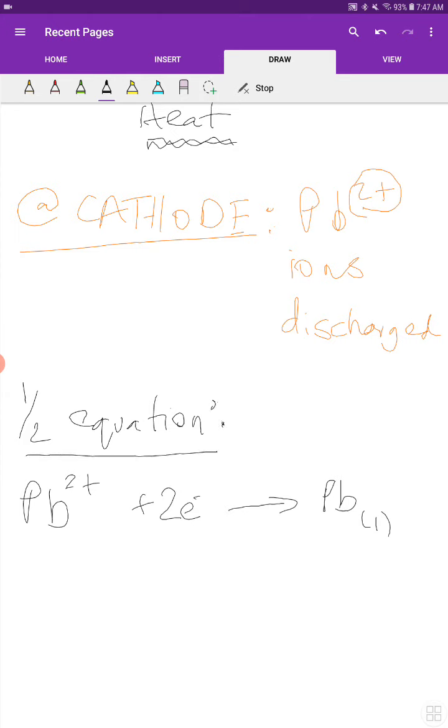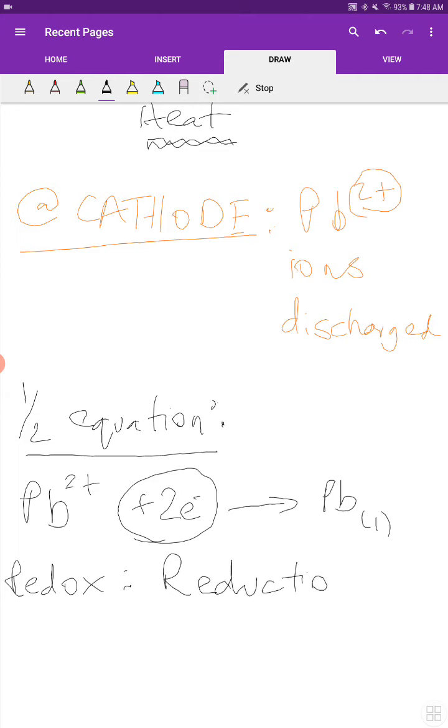What redox process is taking place at that electrode? Now at our cathode, our lead ions are gaining electrons, and oil rig: oxidation is loss, reduction is gain. So at the cathode, electrons are being gained, so reduction is occurring. Okay?